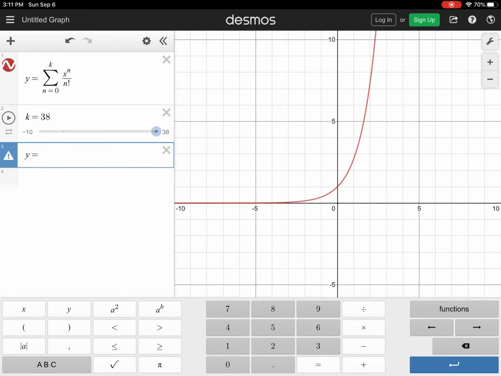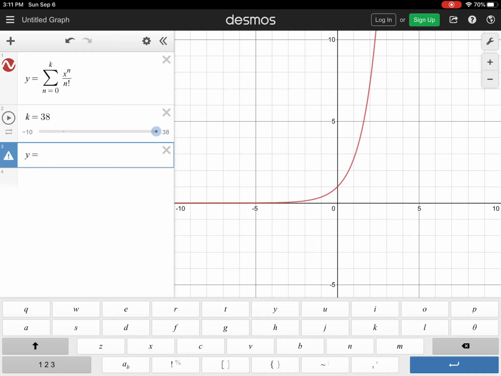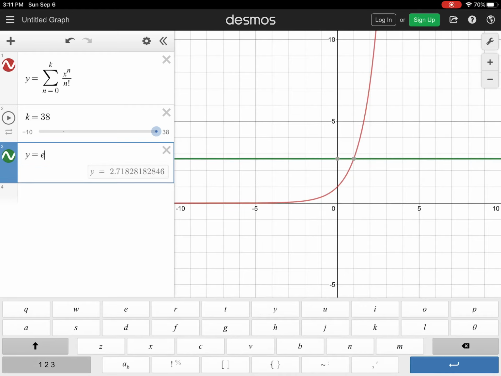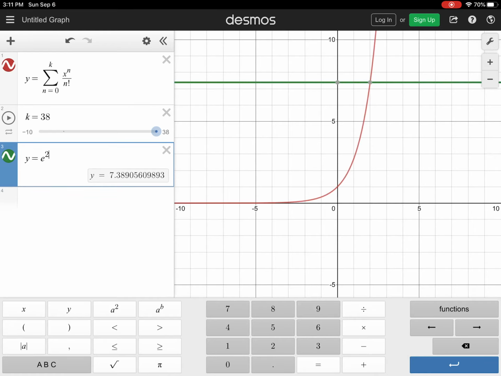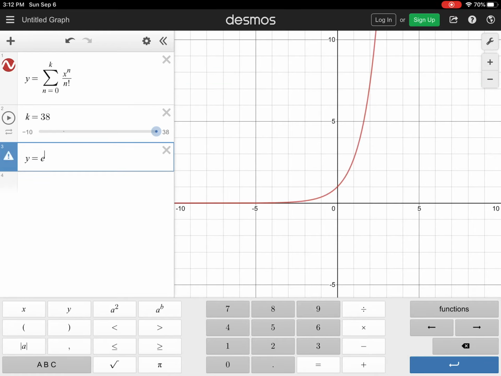Remember how we had that curve, which is supposedly its own derivative? If I put in y equals e raised to the power of x, then you can hopefully see that the two graphs overlap each other, so that means they are definitely the same thing.